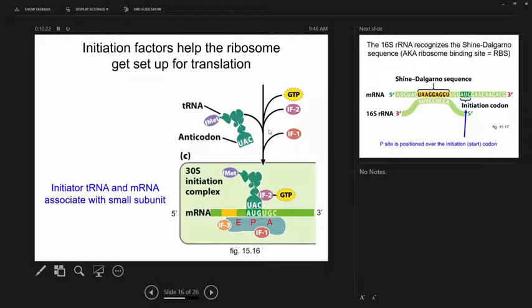Okay, so this is where I'm telling you what you need to know for the exam. There's initiation, elongation, termination. We're going to talk about all those. There are initiation factors, a ton of them. There are elongation factors. You don't need to know the names of the individual initiation factors or what they do.